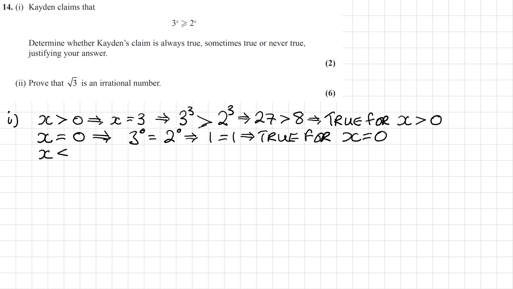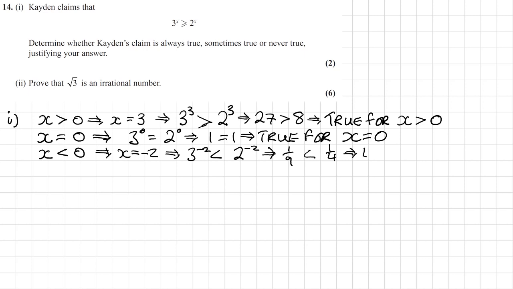Okay, let's now look at negative powers. So let's choose a negative power of x equals -2 and see what happens. So I'll have 3 to the -2 and 2 to the -2. And actually 3 to the -2 is less than 2 to the -2 because you're going to get 1/9 and we're going to get a quarter, and a ninth is less than a quarter.